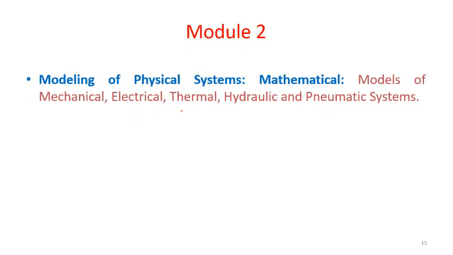To summarize what we have covered till now, we have covered modeling of physical systems, that is mathematical modeling of mechanical, electrical, thermal, hydraulic and pneumatic systems. In mechanical we have studied elements like mass, damper and spring, and in electrical we have studied elements like resistor, inductor and capacitance.